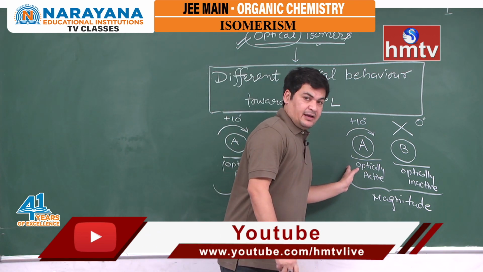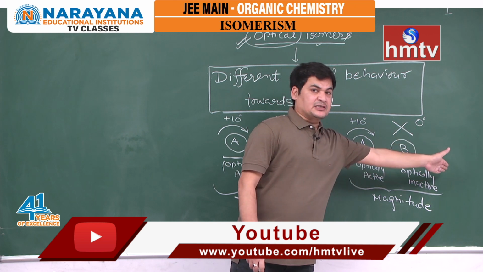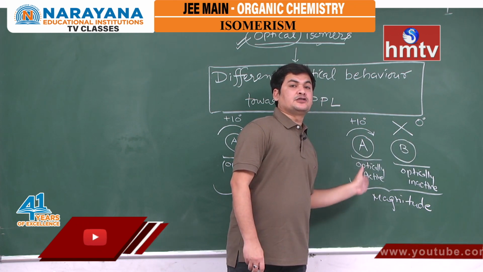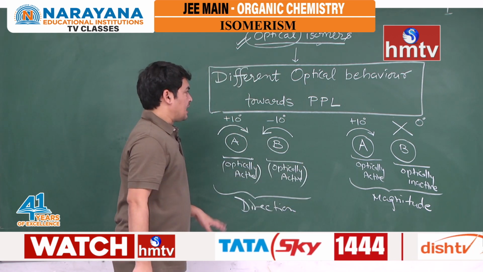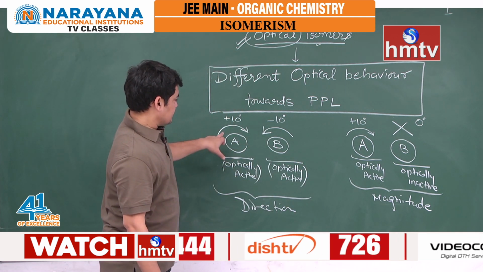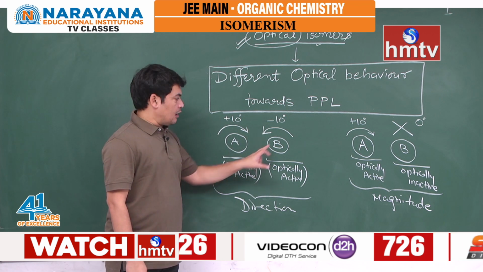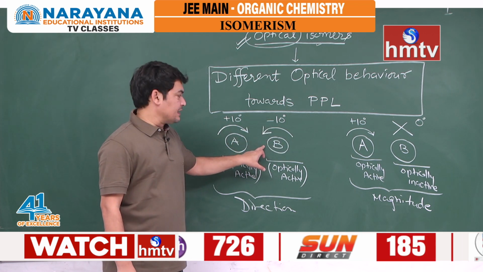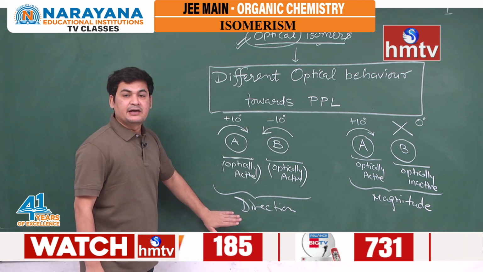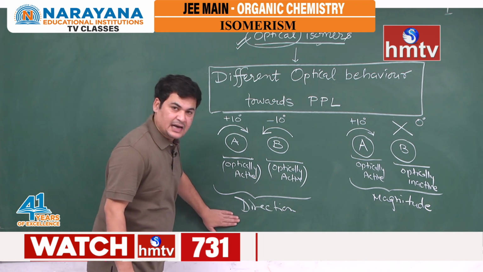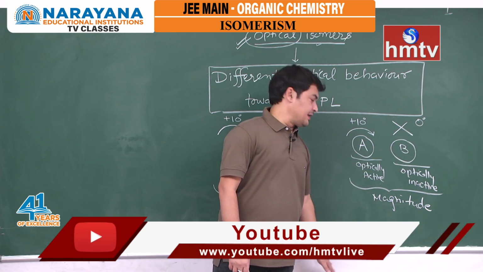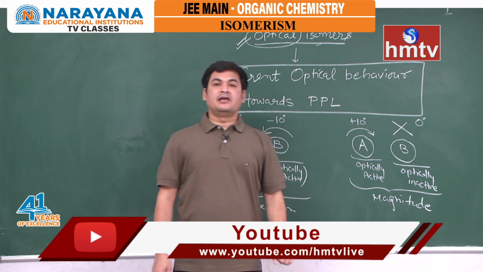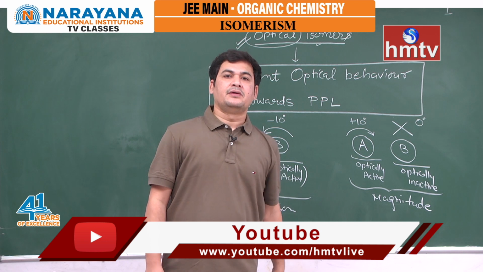One active and its other inactive stereoisomer can show different optical behavior. So both definitions are just saying this: one is rotating clockwise, the other anti-clockwise, different behavior in terms of direction. Here one is rotating, the second is not rotating, a different optical behavior in terms of magnitude, right.